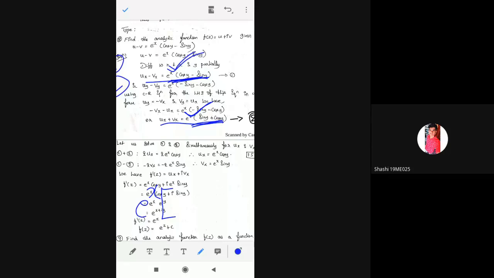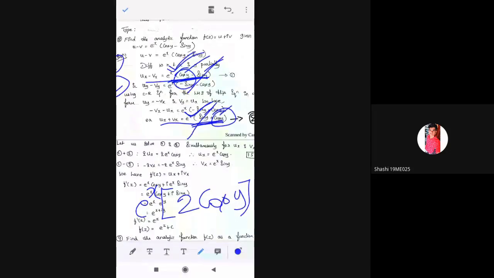Then what is inside the bracket? That is cos y and cos y, and minus sin y plus sin y. So minus sin y plus sin y get cancelled. So cos y plus cos y is 2 times cos y, and minus sin y plus sin y cancel because of opposite signs and same terms.